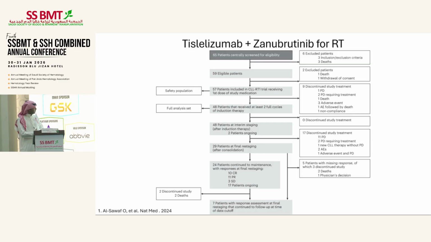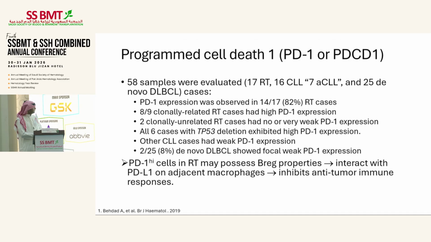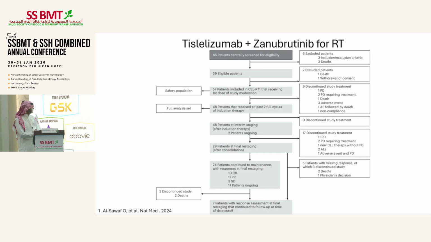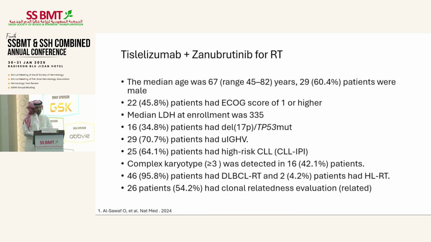This chart is only for us to understand how those patients were enrolled. Those are heavily pretreated patients, and even some of them had allotransplantation prior. They went on to receive this combination. And yeah, this is just a summary.